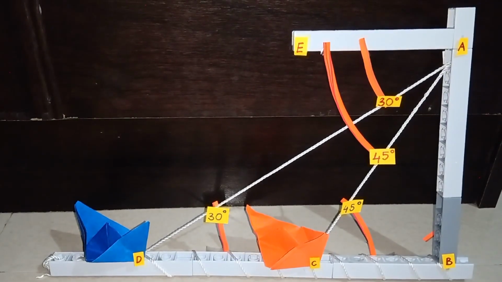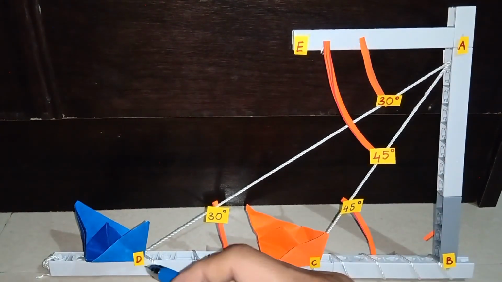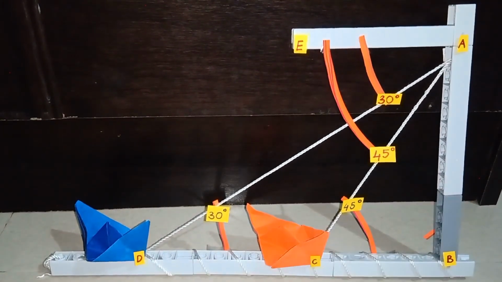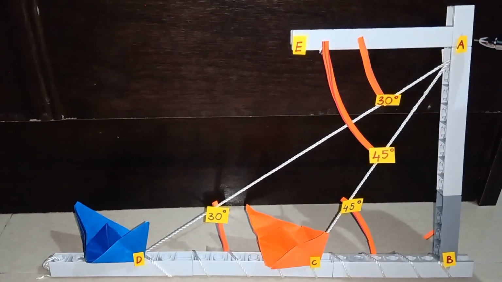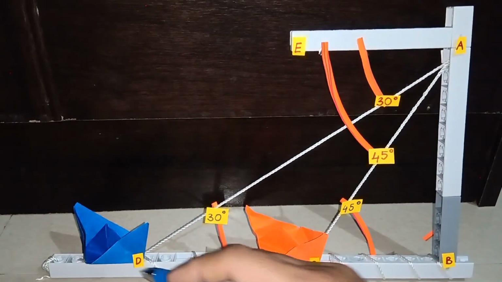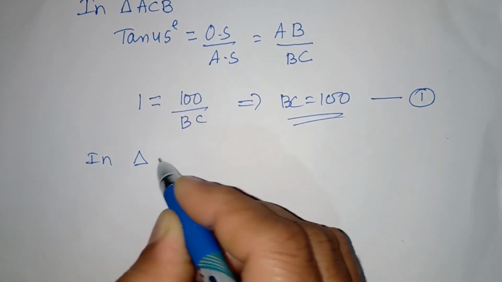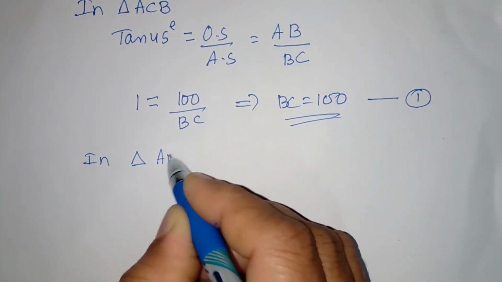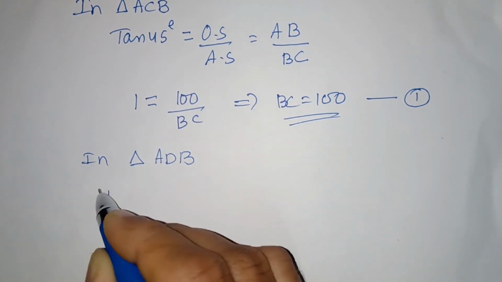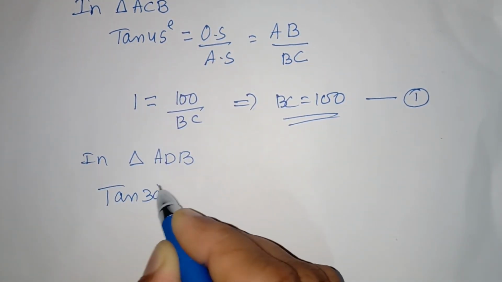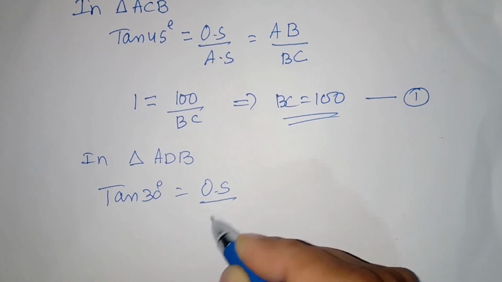Considering the triangle ADB, tan 30 equals opposite side AB by adjacent side DB. In triangle ADB, tan 30 equals opposite side by adjacent side.